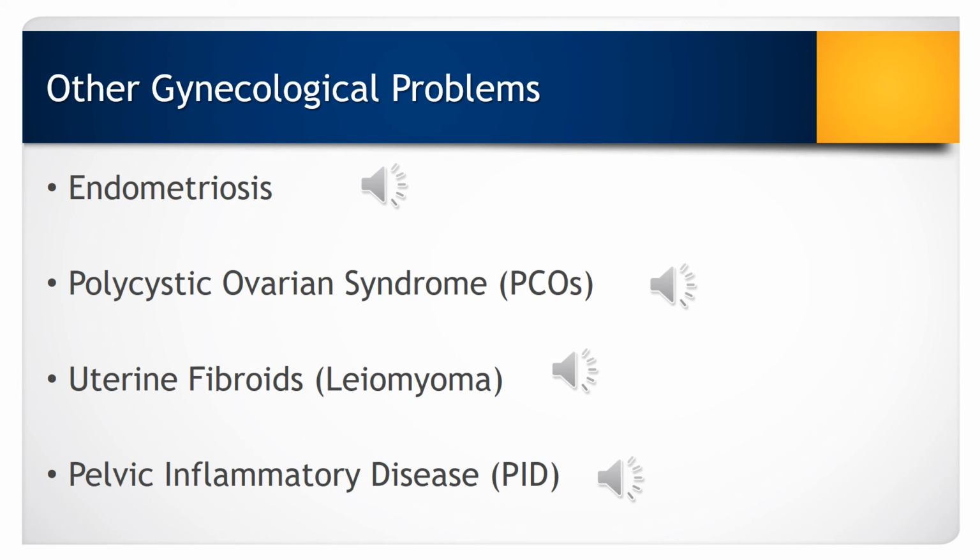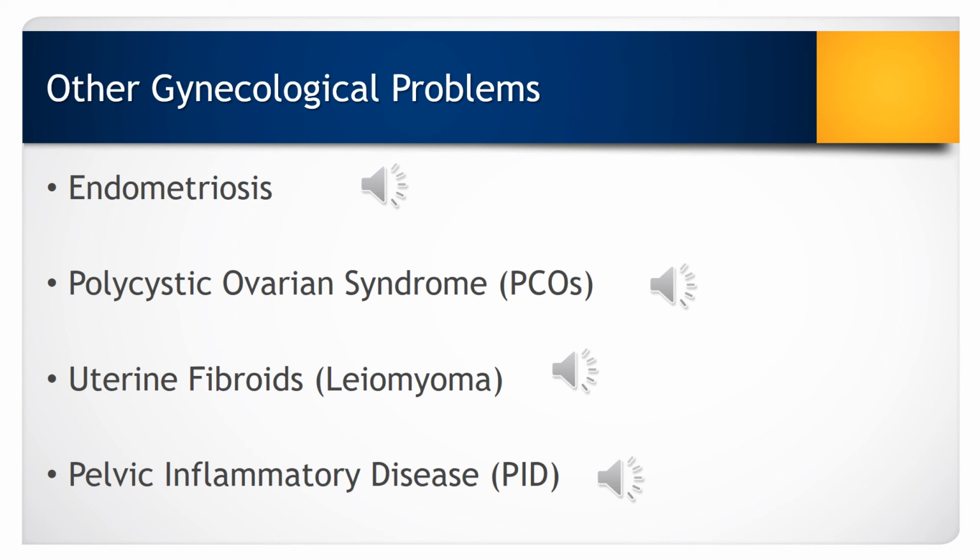Polycystic ovarian syndrome, or PCOS for short, is an endocrine disorder that affects a small percentage of women. The cause of PCOS is unknown. Usually, women present because of issues with infertility.